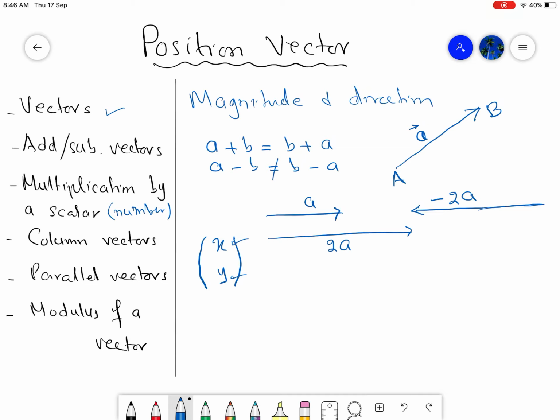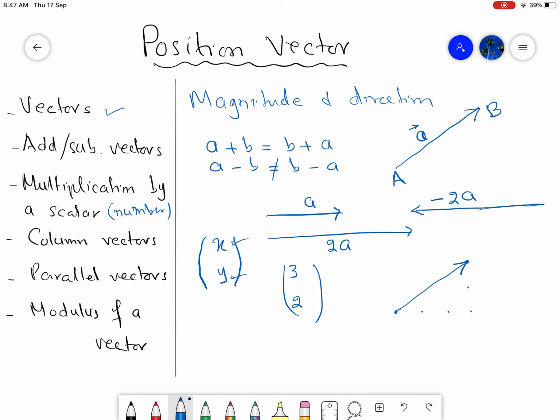So for example, if a vector is represented by 3 and 2, it means that we can start anywhere on the graph paper and then move 3 units toward the right, because this is positive 3, so 3 units along the x-axis to the right side, and then 2 units upward along the y-axis. That will be the final point. If you join these two lines, that would be our required vector (3, 2). So we already have discussed this one in detail.